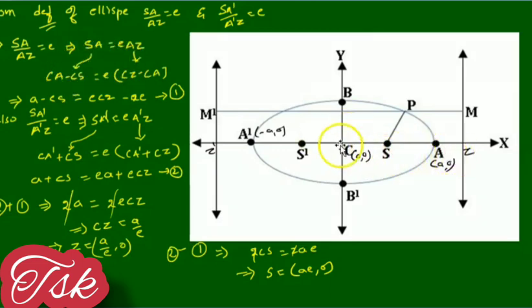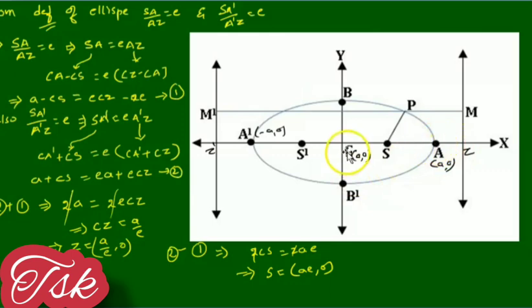SA is CA minus CS; if you eliminate CS from CA, you will get SA. Next, AZ: looking at the right-hand side, AZ is E into CZ minus CA. If you eliminate CA from CZ, we get AZ.